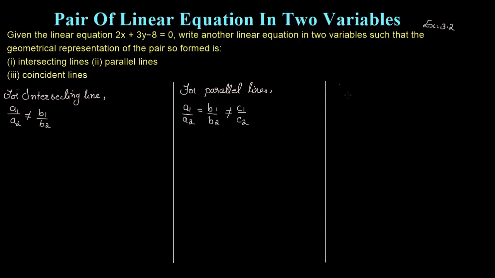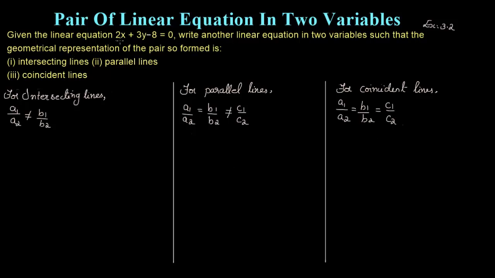Now let me write the condition for coincident lines. A1 by A2 should be equal to B1 by B2, which should also be equal to C1 by C2.